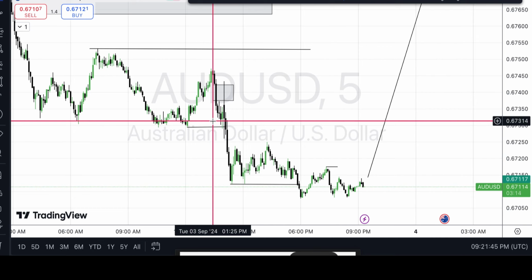So the second one that we have is the limit order. A limit order is an order to buy or sell currency at a specific price or better.